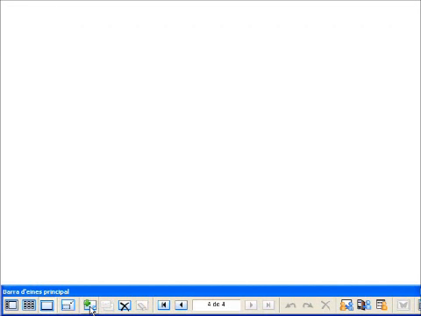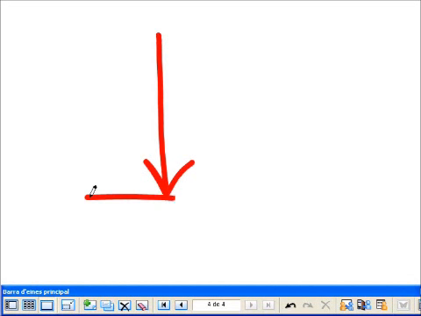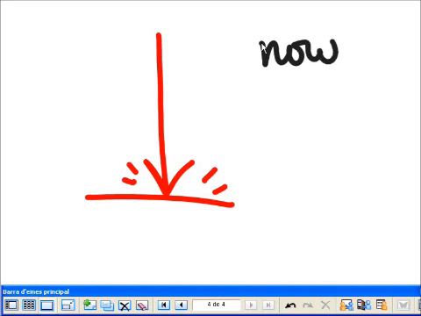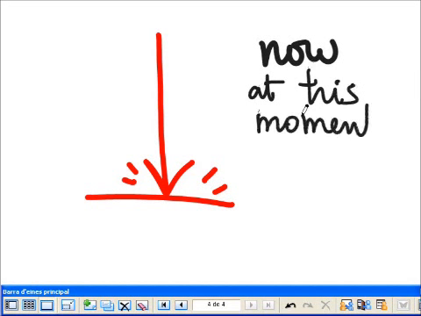It's very important to make a distinction between habits and routines and things that are happening at this moment, at the moment of speaking, i les coses que estan passant ara, en el moment en què es parla. For this reason, when we find the word now, or when we find the expression at this moment, quan trobem aquestes expressions, segurament es refereixen a coses que estan passant justament ara.